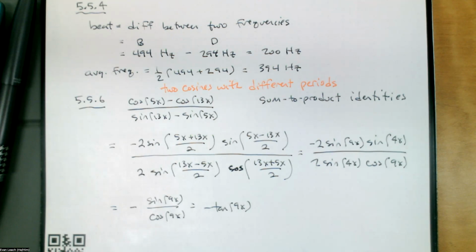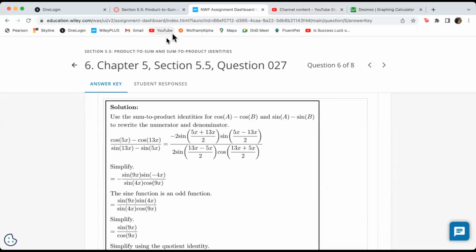What about what? Why? Yeah, sine x plus sine y. So those x and y are the two different arguments that we have. One would be the 13x, and the other would be the 5x.